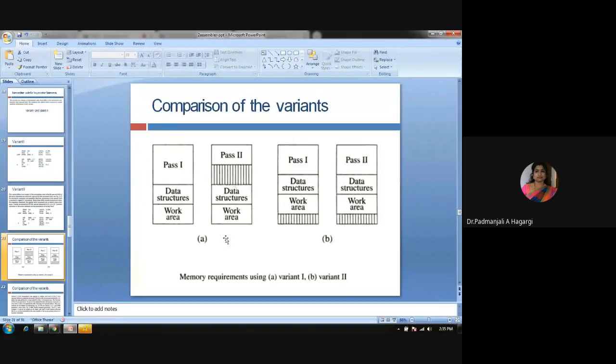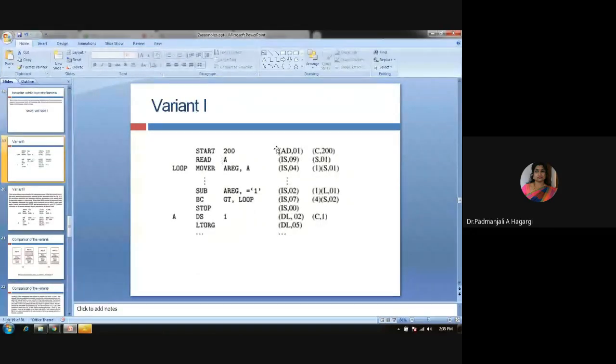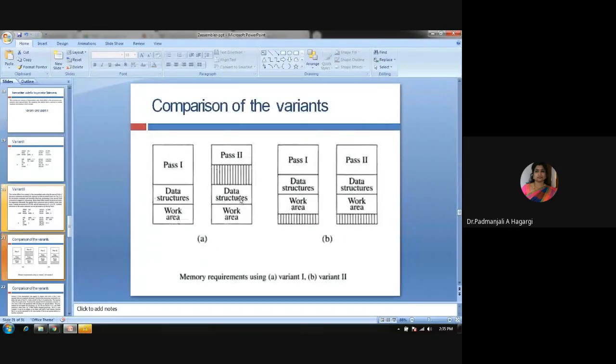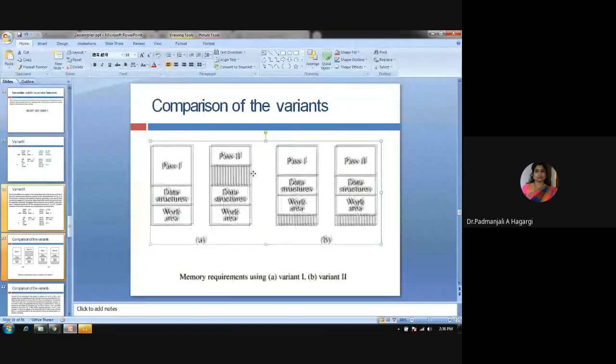Here it is very less, and pass two is taking more time, because first we are pushing them into the symbol table, then later we are picking their object codes. So if pass 1 also does some work, and pass 2 also does some work, there won't be more overhead for pass 2.